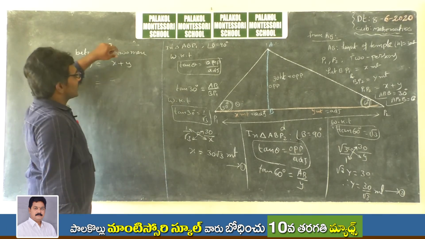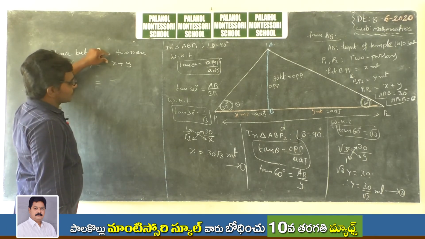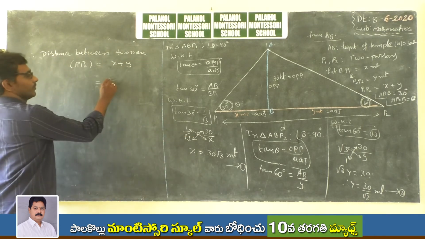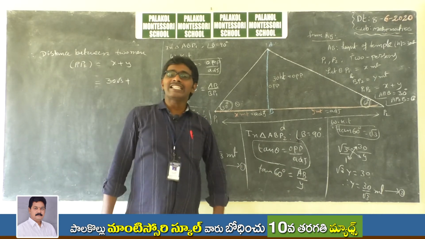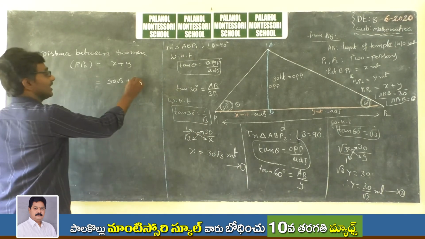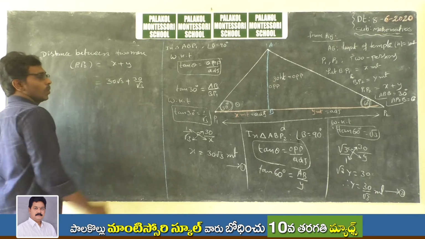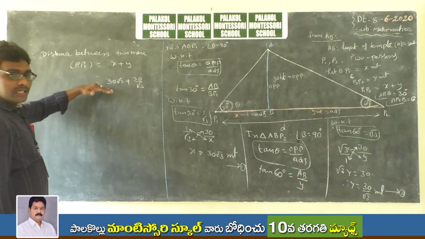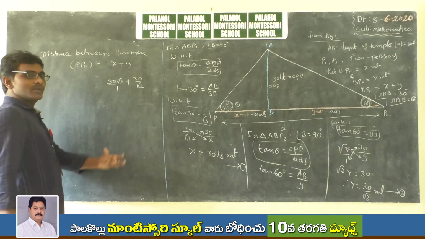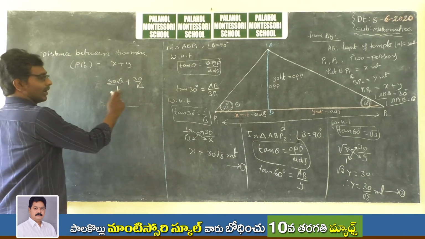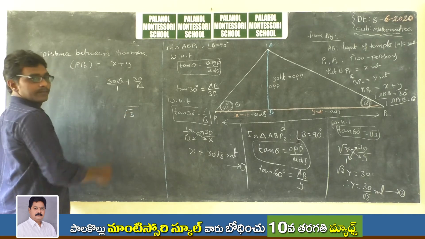So from equation 1, what is the x value? 30 root 3. Plus, from equation 2, what is the y value? 30 by root 3. Okay guys, generally here there is 1 in the denominator, so first find the LCM: 1 into root 3, root 3.